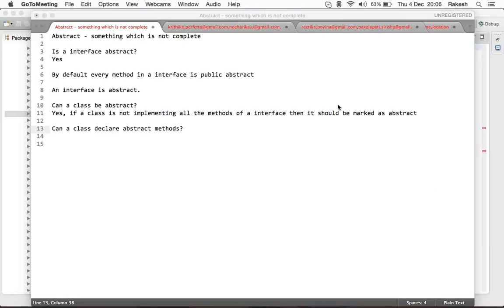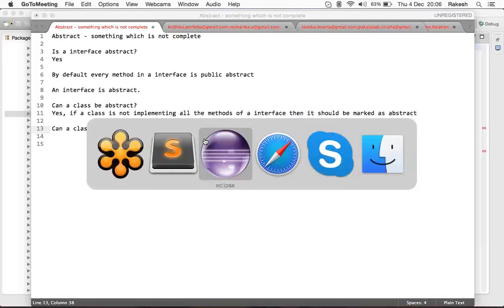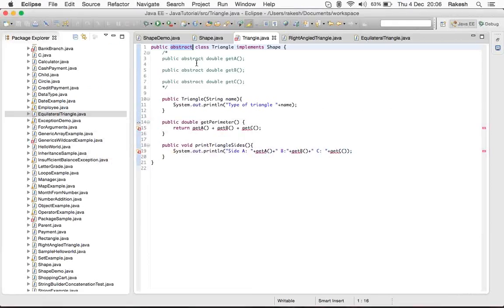Okay, so let's see. Since we marked this class as abstract, we said this class is not complete. Let's try to declare additional abstract methods. I can declare additional abstract methods in a class, provided you mark the class also as abstract.